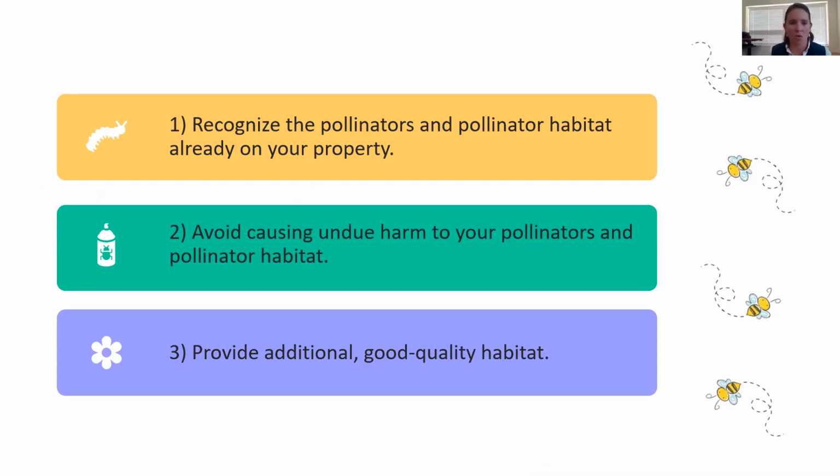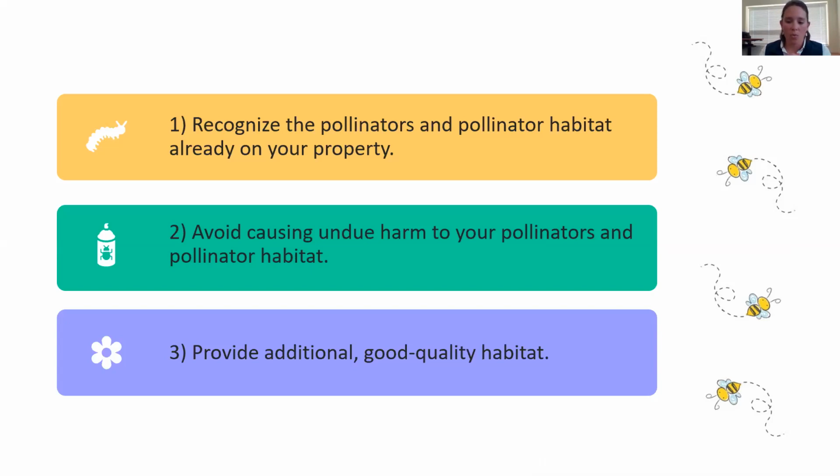All right, so these are the 3 things that if you could take a message home with you tonight, these are the 3 main points I would want you to remember. And these are the steps that you can take and do at home on your own property. So the first one is recognize the pollinators and the pollinator habitat that you already have. So we talked about pollinator identification and identification of the nesting sites.